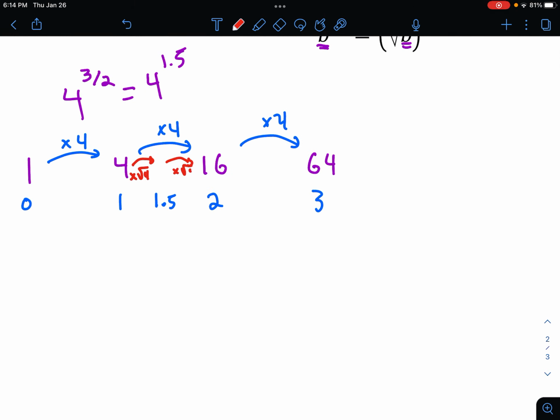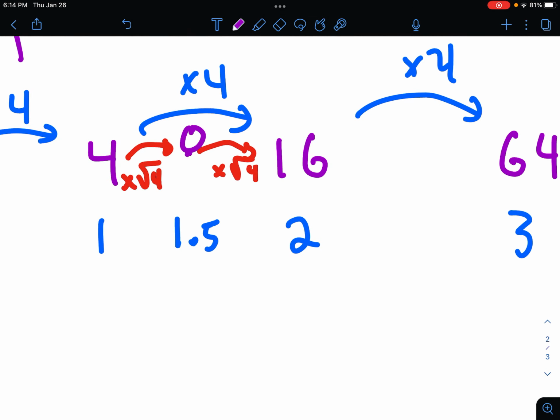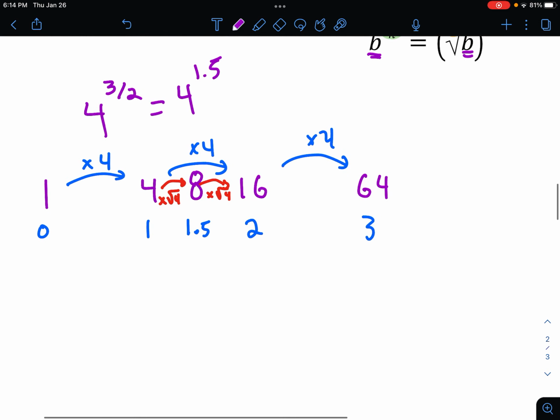And the square root of 4 we know is 2. So we can also think about that as multiplying by 2. Now 4 times 2 is just going to get us to 8. And so 4 raised to the 3 halves power, or 4 raised to the 1.5, is equal to 8. Or halfway between 4 and 16, thinking about multiplications by 4, is 8.